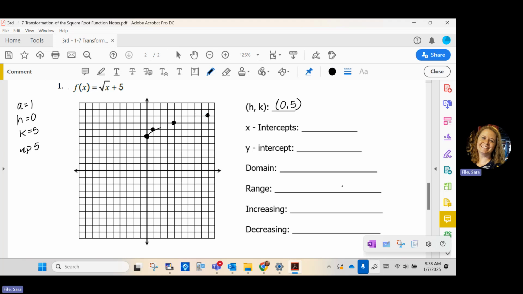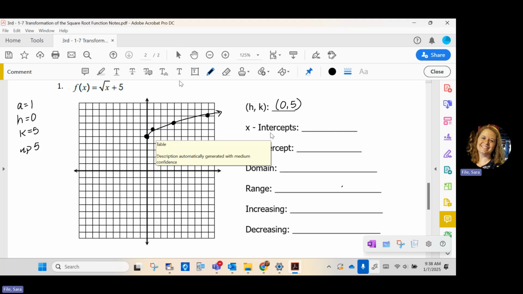And that's the same graph as the parent function, just shifted up 5. Now you can also get this in Desmos if that's easier for you. Desmos will surely give you this graph, and you can click here and see what points are, or you can make it give you a table, but it doesn't define these words for you. You do have to know the vocabulary and what this is asking for and be able to write these, okay?